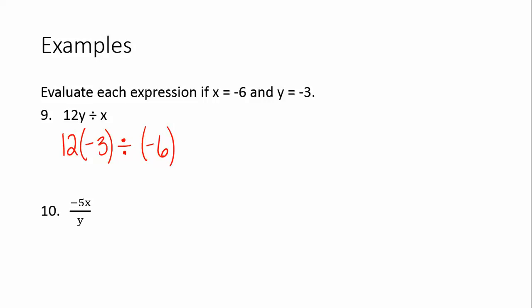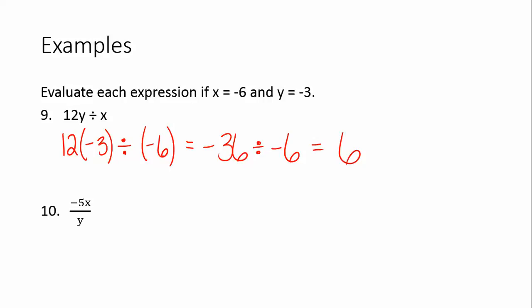Remember that multiplication is not more important than division, but here it just happens to come first. So 12 times negative 3, multiplication rules from the previous day. If we have a positive and a negative, our answer is negative. So we get negative 36. Now we're dividing that by negative 6. So a negative divided by a negative is positive, and 36 divided by 6 is 6.